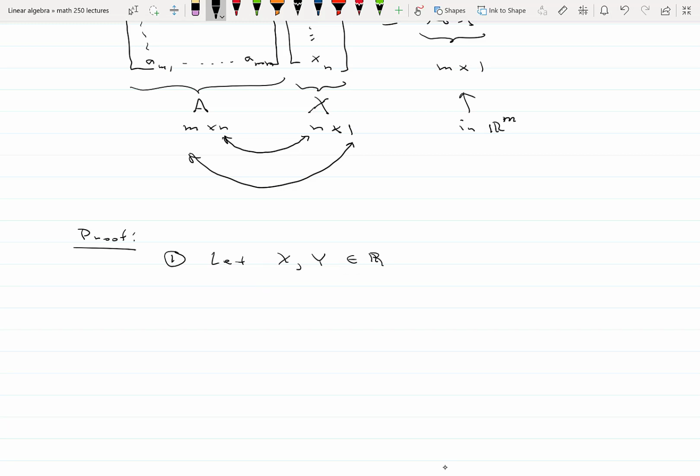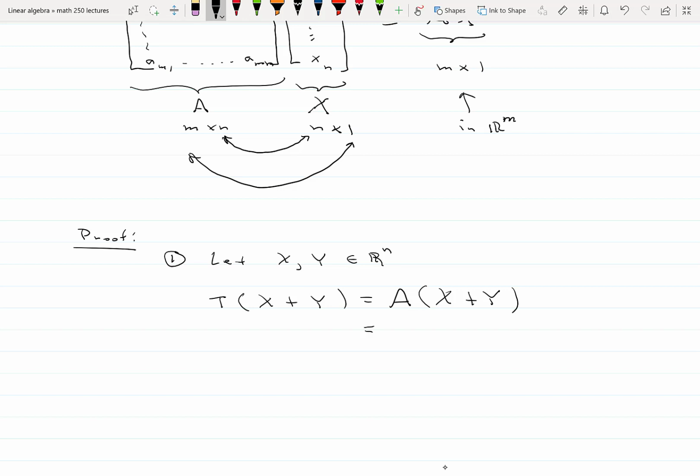Rn or Rm? Rn. So let's say what T does to the sum of those things. Well, T of X is capital A times capital X. So T of X plus Y is A times capital X plus capital Y.